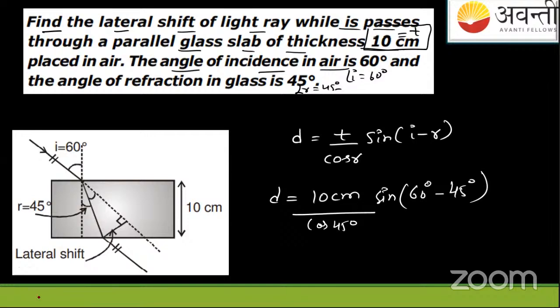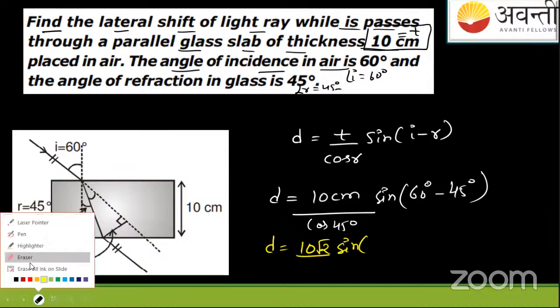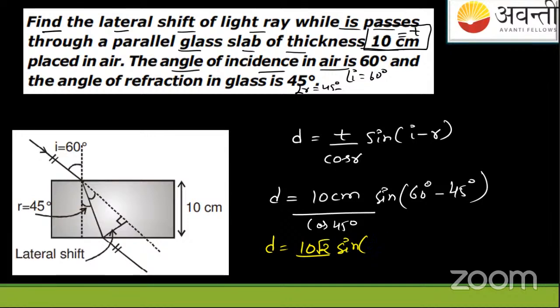So from this you will get D equals 10 centimeter upon cos 45. Cos 45 is how much? It's 1 by root 2. So this is root 2 here. Sine of 60 degrees minus 45 degrees. 60 degrees minus 45 degrees, how much? It's 15 degrees. If you write it, let me show you this. It's 15 degrees here. 10 root 2 sine 15 degrees.